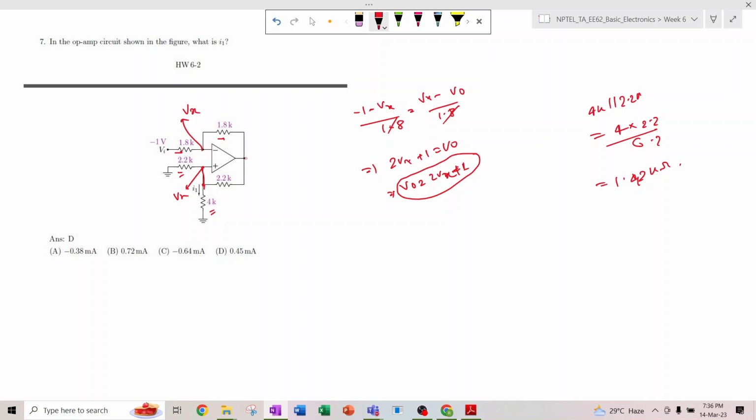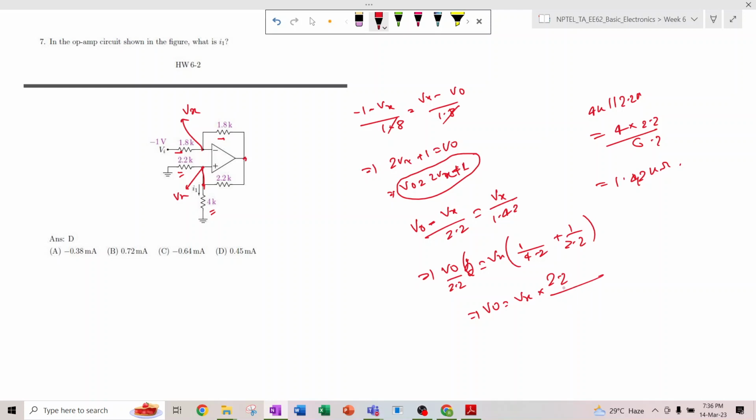So now how it is happening, here it is the Vo. So Vo minus Vx divided by 2.2 is equal to Vx divided by 1.42, or Vo divided by 2.2 equals Vx into 1 by 4.2 plus 1 by 2.2. So Vo will be nothing but Vx into 2.2 divided by 2.2 into 1 divided by 4.2, 1 divided by 2.2, right?